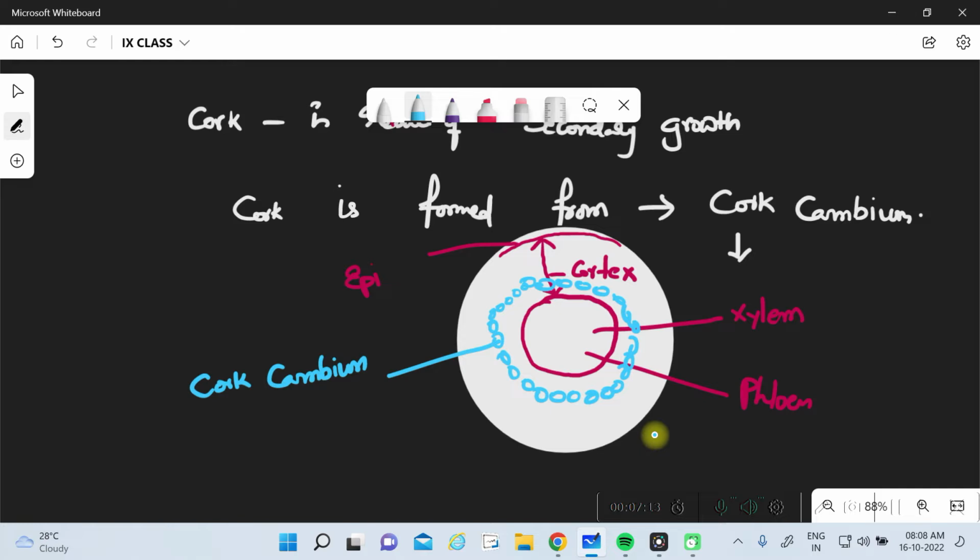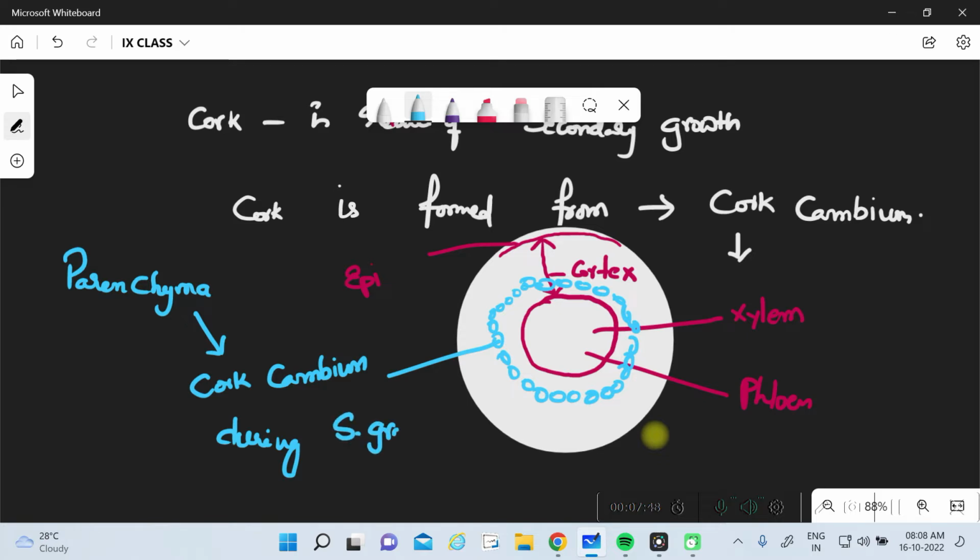Now, these cells are formed when there is secondary growth. As such, cork cambium is not present in the cortex. Some of the cortical cells will form the cork cambium. The cortex is made up of parenchyma tissue. Some of the parenchyma cells will form cork cambium during secondary growth. This happens only during secondary growth. Every time you don't see cork cambium in the cortex.